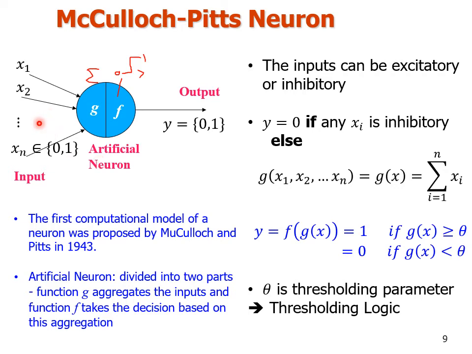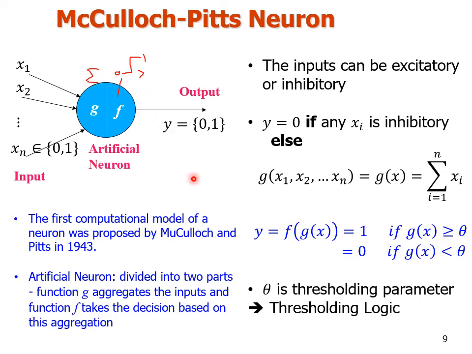It may happen that if 2 of the inputs are 1, then this summation would be 2, and hence if I have set the threshold to 2, that means if 2 of my likings are matched, then the neuron is fired and I can go for watching the movie.